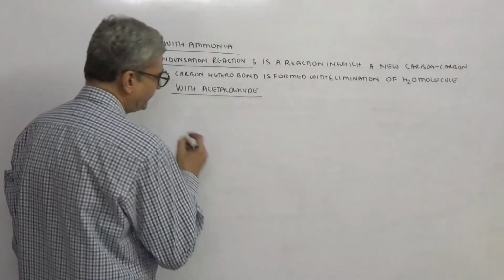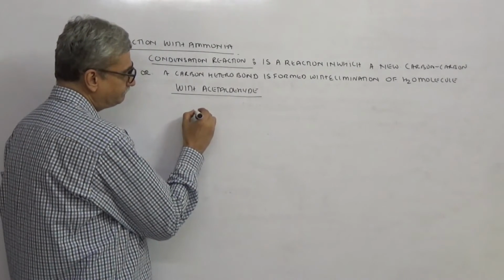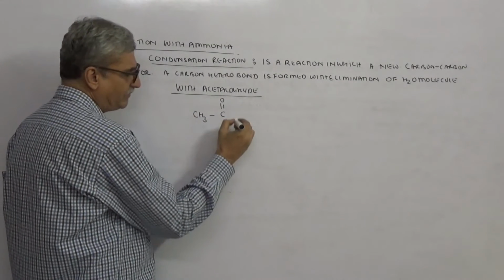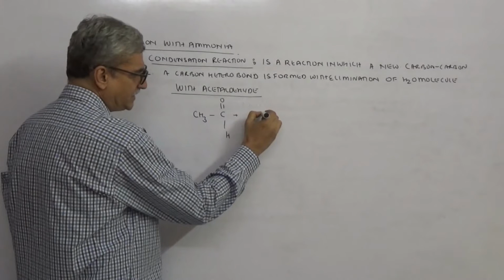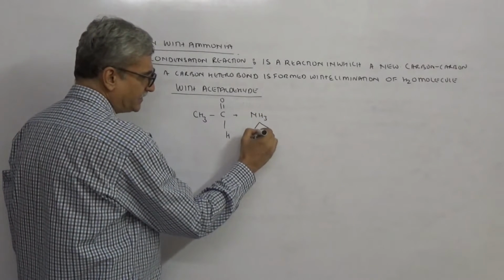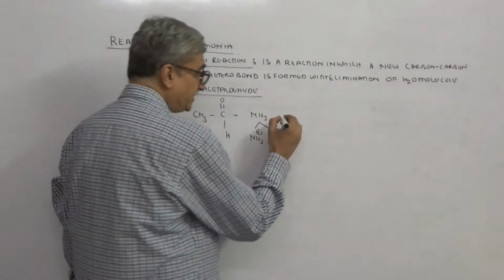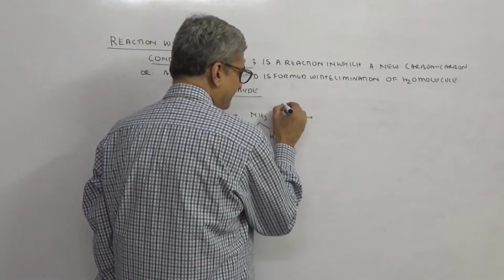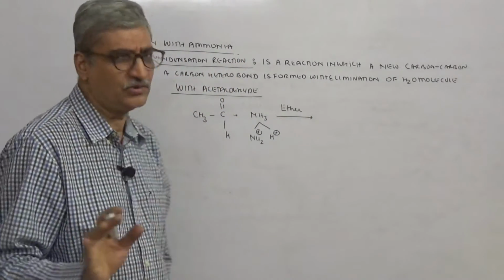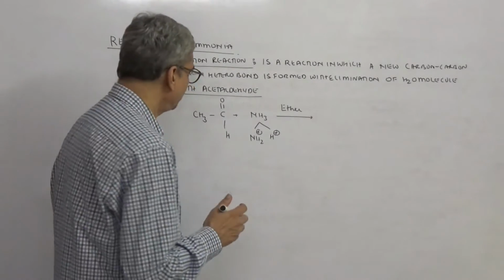We have CH3CHO plus NH3. So this will, to start with, be a nucleophilic addition, NH2 minus and H plus. Again, actually in this there is ether. If the NCERT book does not say ether, don't write it, because the board is going to look at the textbook. So what will we get?